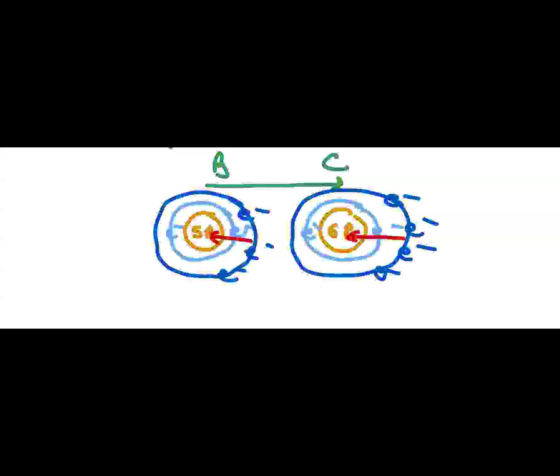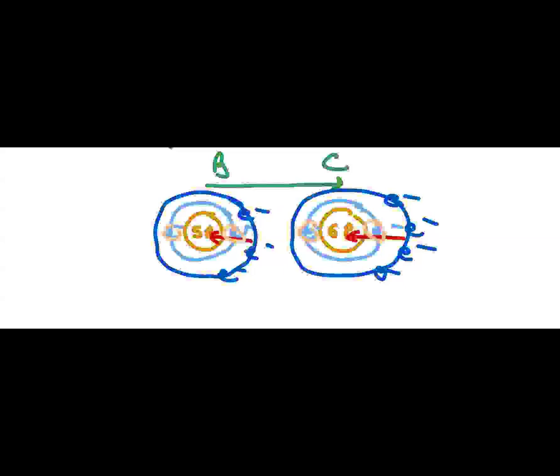Clear? So as we move from left to right, the attraction of the nucleus increases on the outermost electron. Why? Because the number of protons is increasing in the nucleus. Because the repulsion of inner electrons is the same.